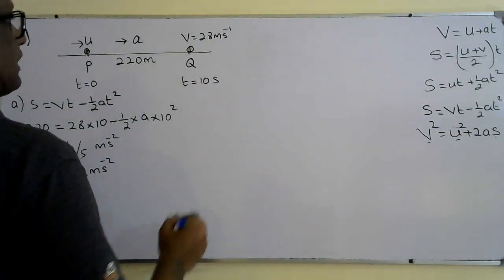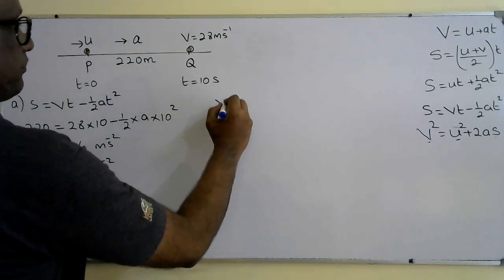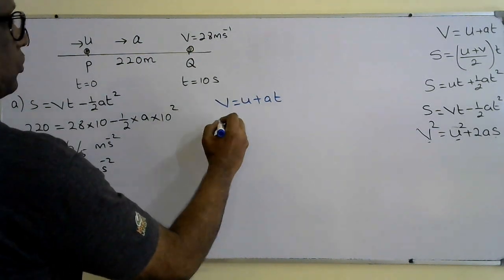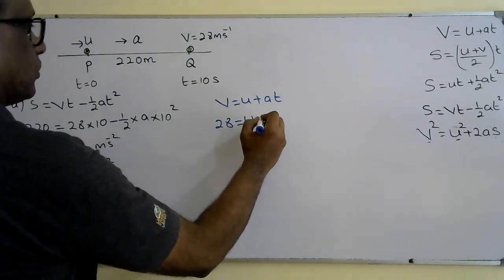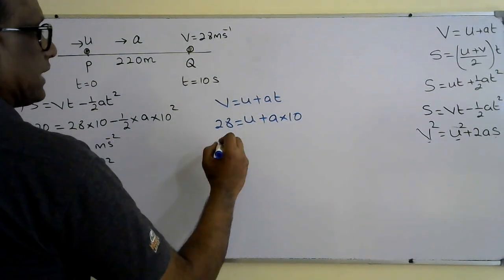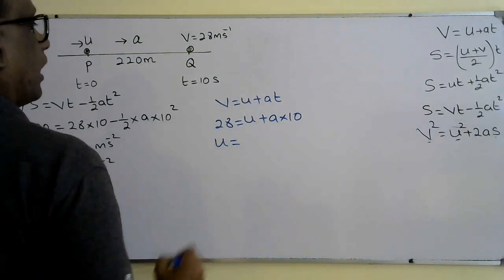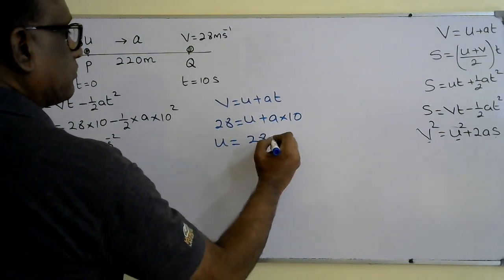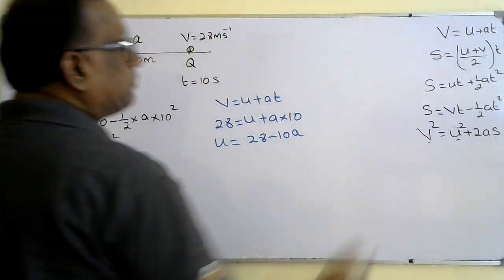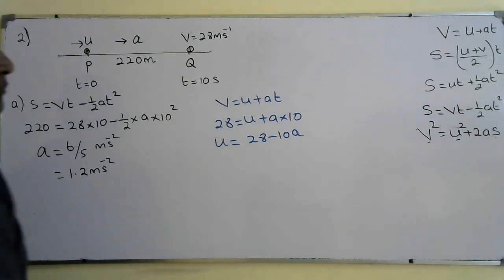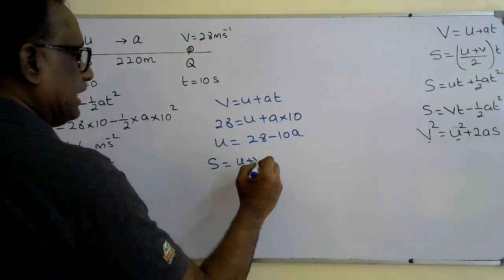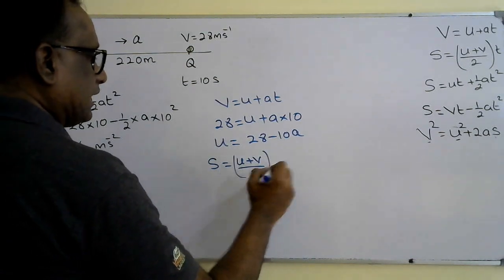First use the equation v equals u plus at. So the final speed we know, 28 equals u, which we don't know, plus a, which we don't know, into 10. That is, we can say u is equal to 28 minus 10a. Now use the equation s equals (u plus v) by 2 into t.